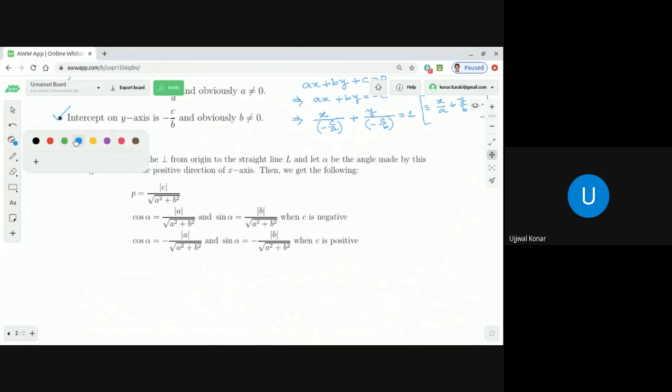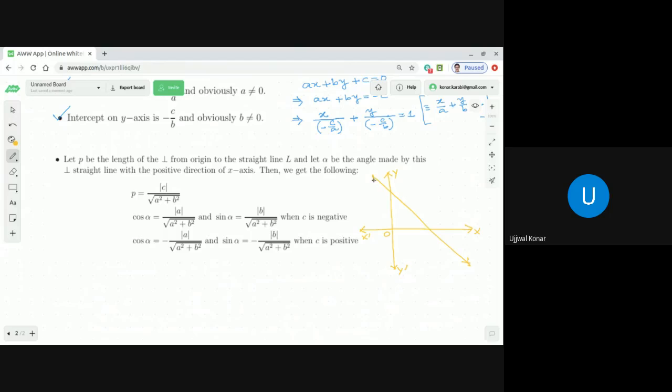If we draw it in a different color, if these are the coordinate axes, x dash, y dash with O as the origin, and suppose this is the straight line.